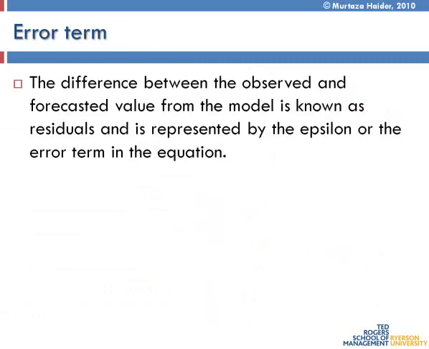Now the error term that I've referred to, which is epsilon, epsilon or epsilon, it doesn't matter how you pronounce it. This tells us it's actually a difference between the observed value, I've written it somewhere, and the forecasted value.